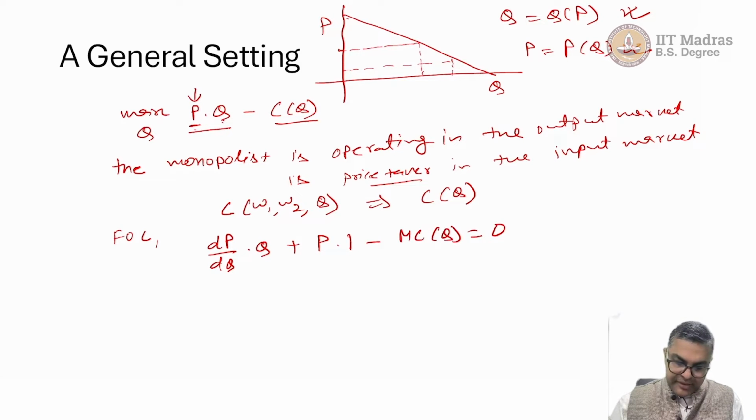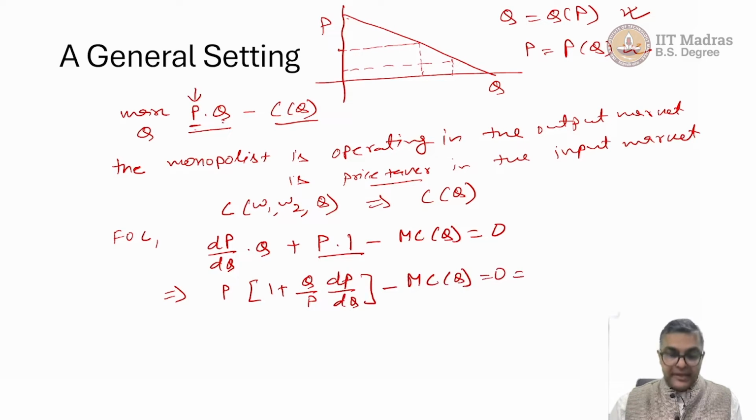This is what you are left with. This can be rewritten. You can take P out, you will get 1 here, and this is going to be Q by P dP by dQ, minus MC of Q.